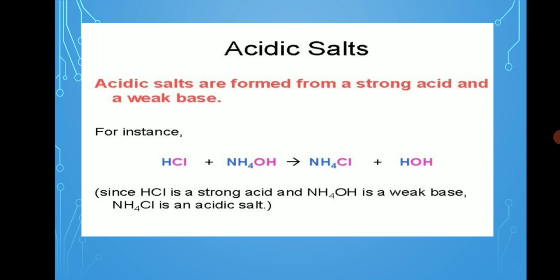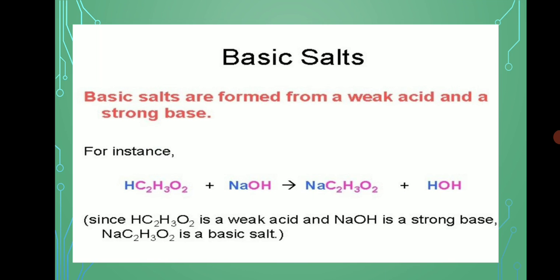Now, the acidic salt. The salt formed by the reaction of a strong acid and a weak base is an acidic salt. Since HCl is a strong acid and NH4OH is a weak base, NH4Cl is an acidic salt. Now the term basic salt.